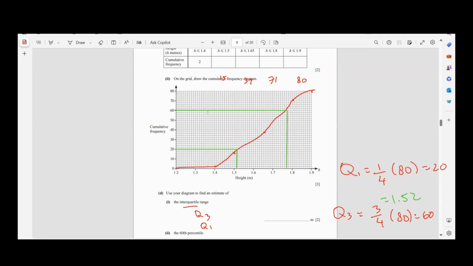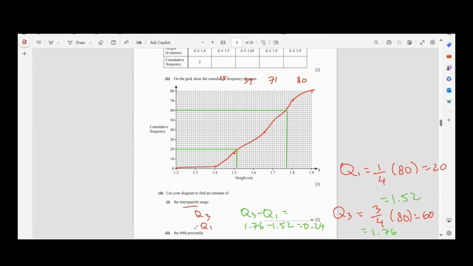That is about 1.76, I think. So the interquartile range is Q3 minus Q1. So it's 1.76 minus 1.52, so it is 0.24.